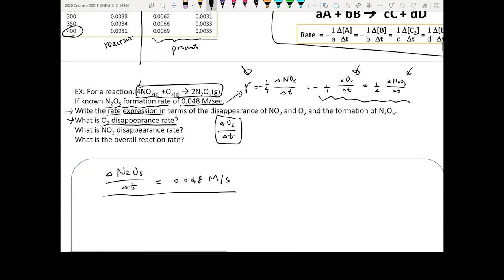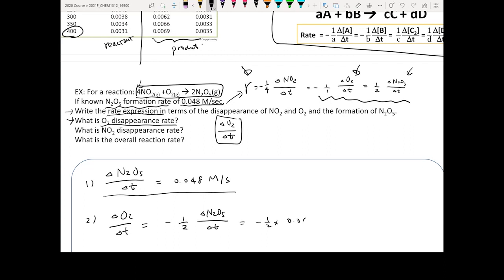So we know that's the first. The second is delta O2 over delta T. We know it's going to equal negative 1/2 delta N2O5 over delta T. That's negative 1/2 times 0.048.